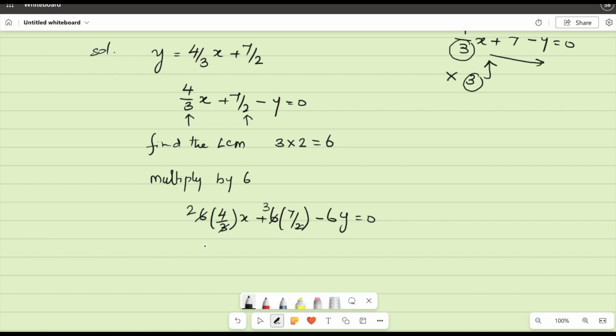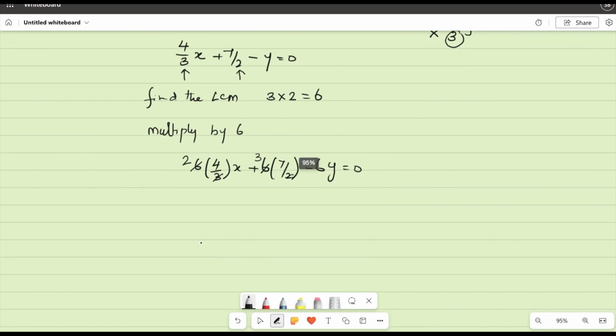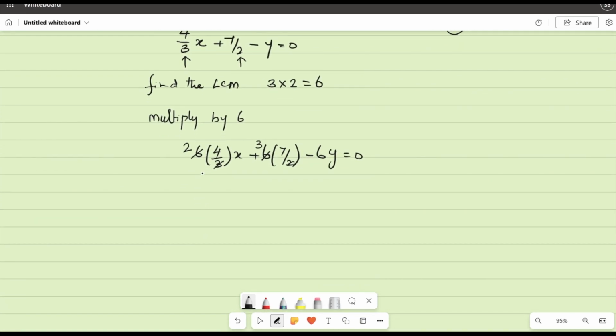Okay, so 2 times 4 is 8x plus 3 into 7 is 21 minus 6y equal to 0. Rewrite the terms: 8x minus 6y plus 21 equals 0.